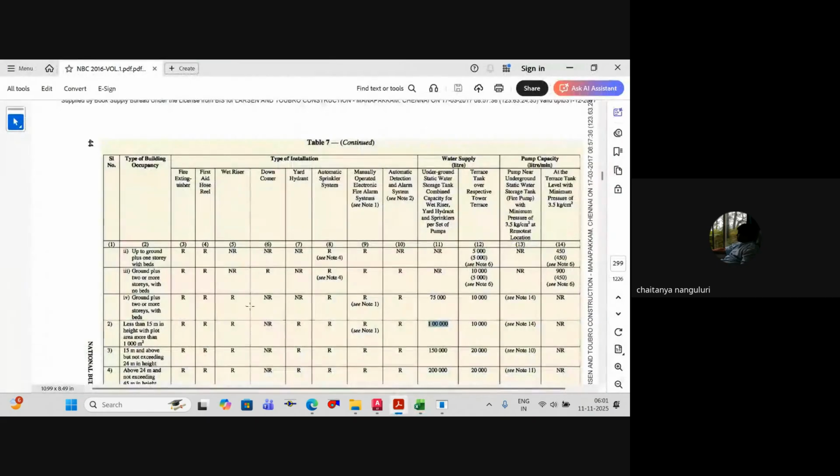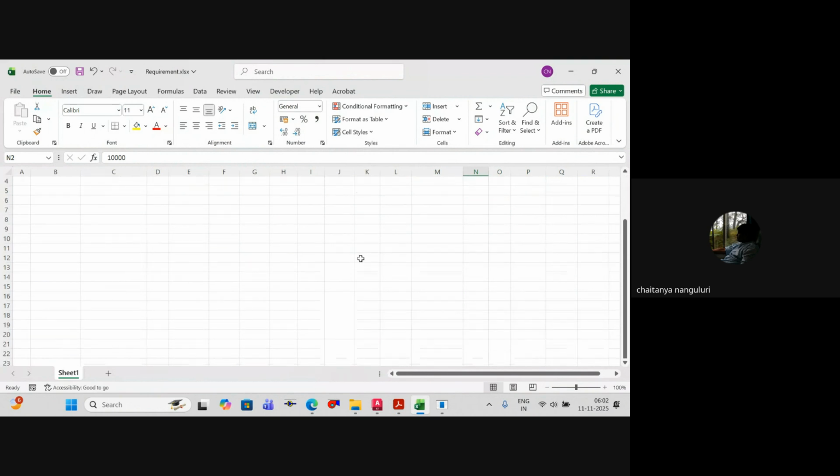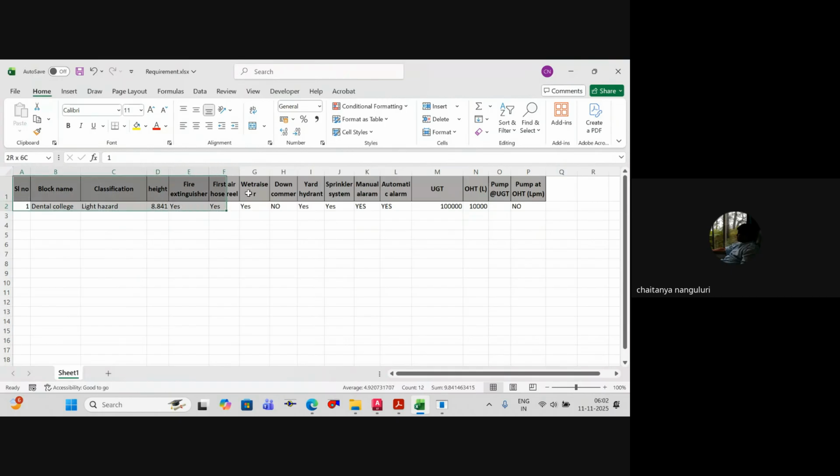And then pump at UGT, we have to see note 14. And at terrace, as per NBC, it's not required, but we might have to consider it. Some people won't even install it because NBC said so. As per NFPA, you don't have this concept of overhead tank in the first place. Anyway, we'll go to this pump at underground tank.